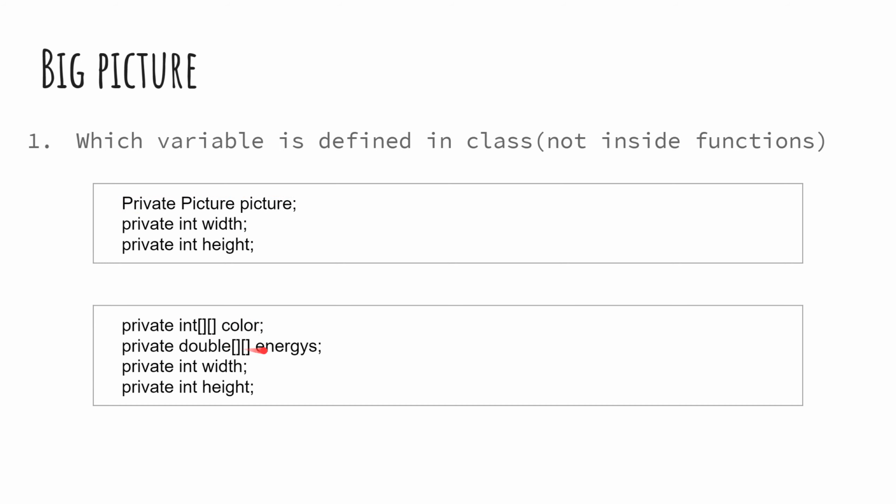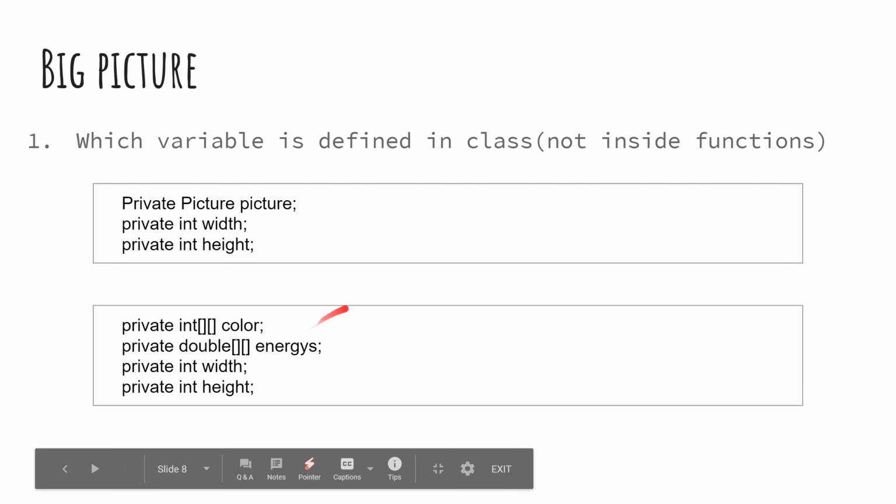And next are the energies, because we have so many duplicate computations of the energies in find horizontal seam and find vertical seam. Every time we compute the energy again and again, it's a waste of time. So we should store them and only compute the really necessary parts.